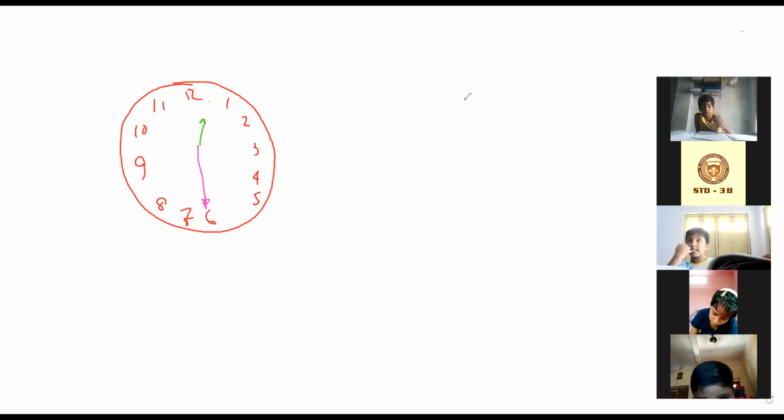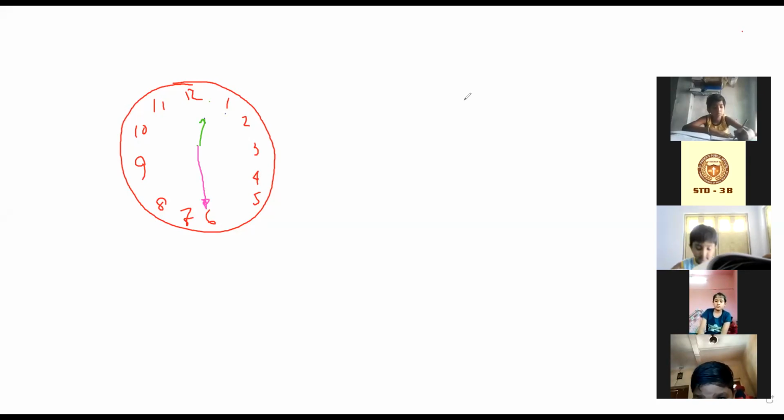Now why like this? The hour hand is very easy. 12:30 means after 12 it will be 1. That is why the hand is in between 12 and 1. And now 30 is not there in your watch.